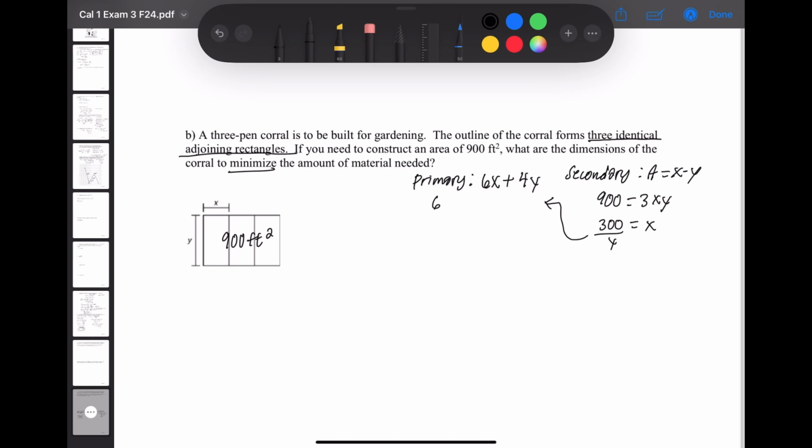So 6, 300 over y. So we're gonna go ahead, 6 times 300 is 1800 over y, plus, oh, my y's look like an x. Let me fix that.